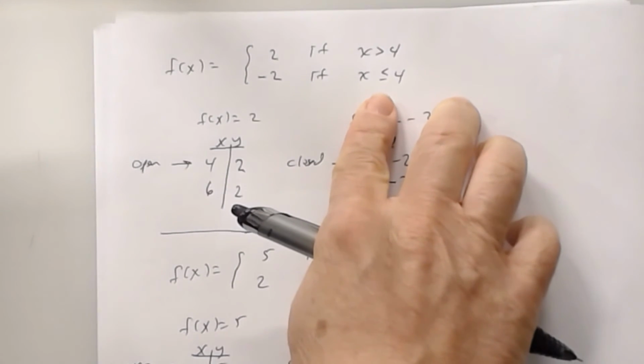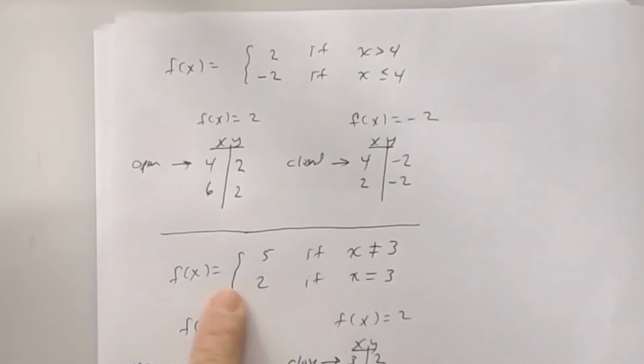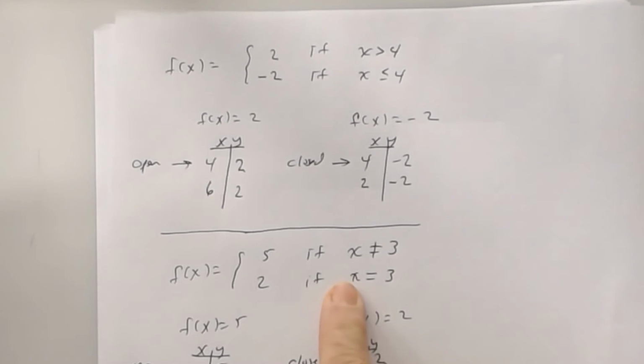The previous ones we did were strictly inequalities, greater than, less than. Here, this says not equal to or what? Equal to. This second function is just one point. That's all your graph is for the second one, just a point, because I can't use any other number for x. This says I can only use it if x is 3. Any other number, I'm going to have to use the top one.